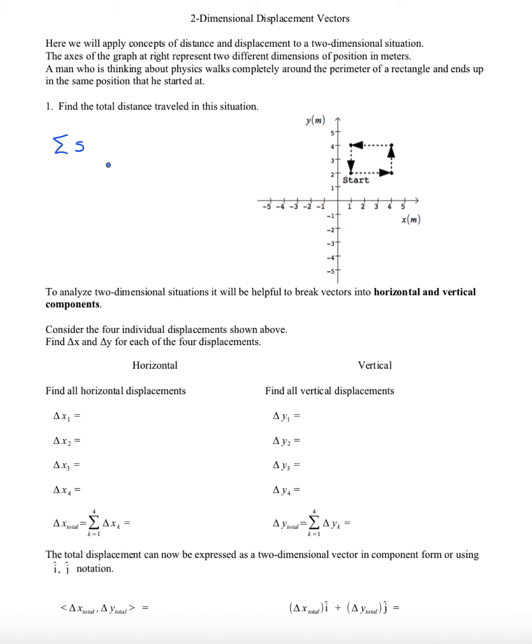Now in summation notation, one thing we can do is have a counter variable. The counter is going to count from 1 to 4. The number below is the start of the counting, and the number above is the ending point of the count.